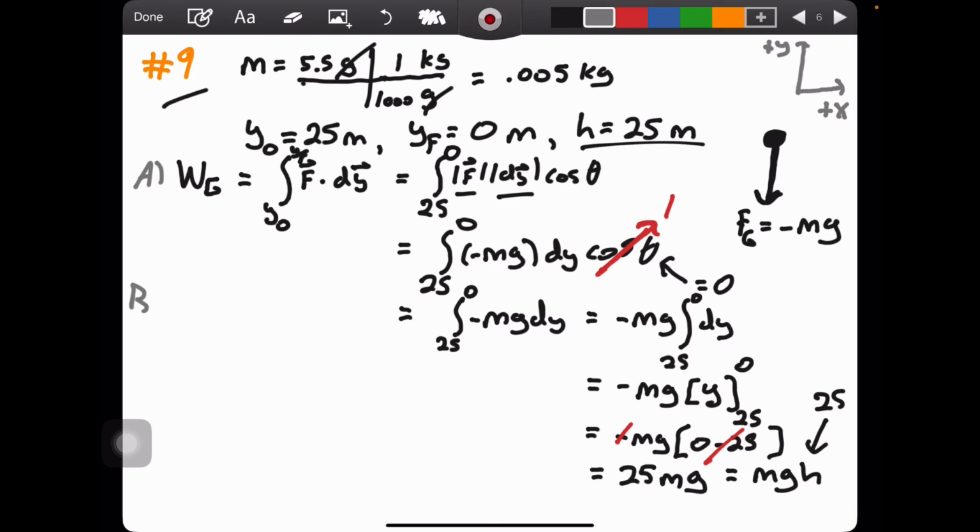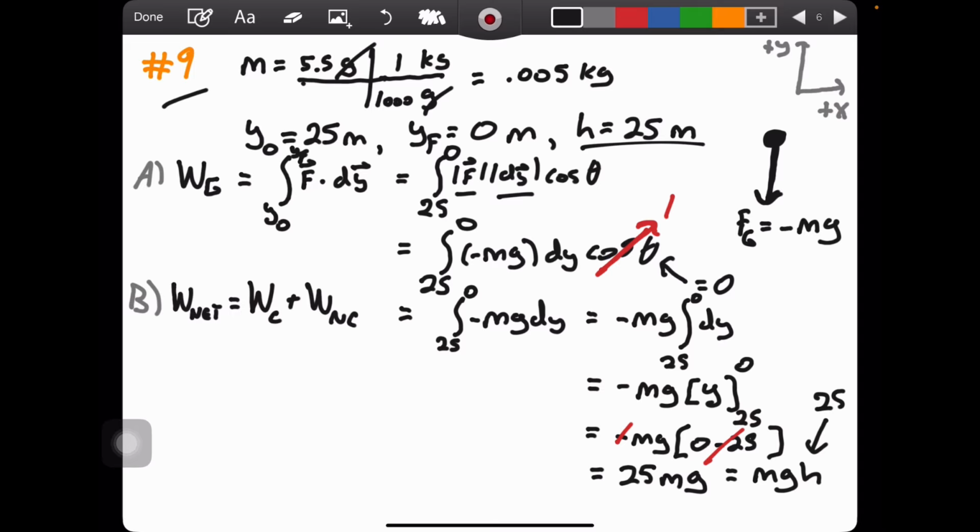Part B, now we know that the work done by gravity, we can actually solve for what the velocity of the coin is just as it hits the water, and we can do this with the work energy theorem. And more specifically, the work energy theorem states that the net work done on a system is going to be equal the work done by conservative forces and the work done by non-conservative forces.